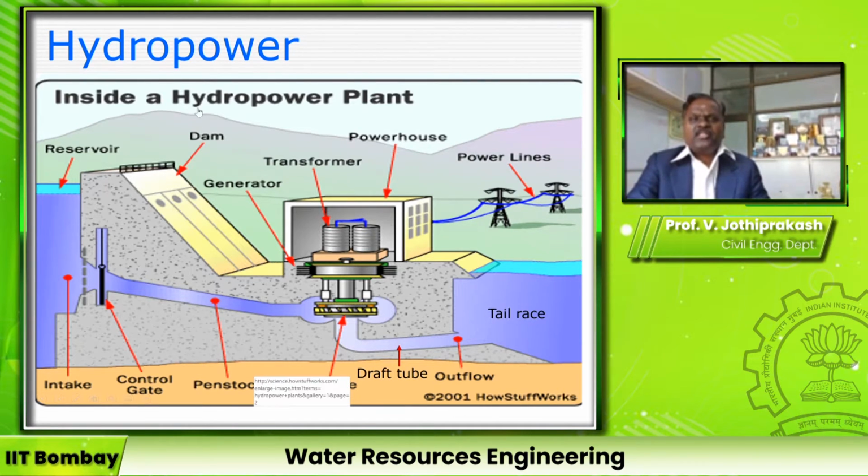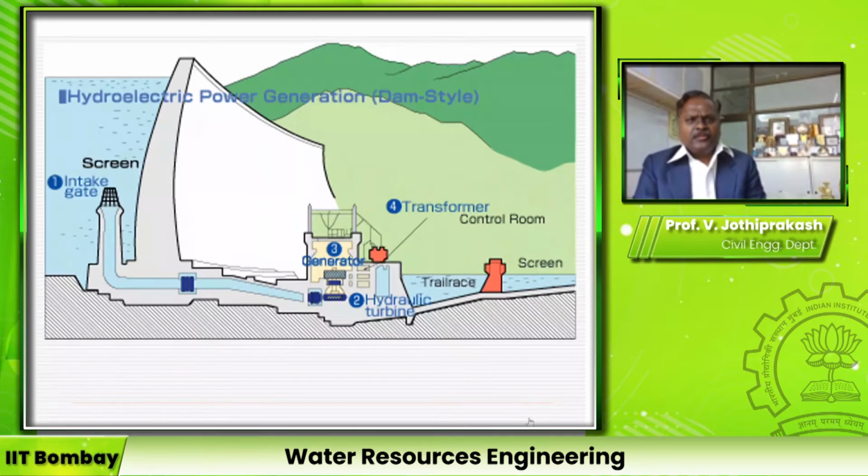These are the components of a hydroelectric power station. Let us see what are all the other components. So this is another picture where the intake structure is away from the dam face, right? But it still has the same components as that of a large dam, right?